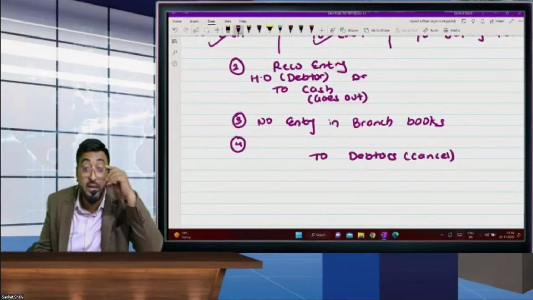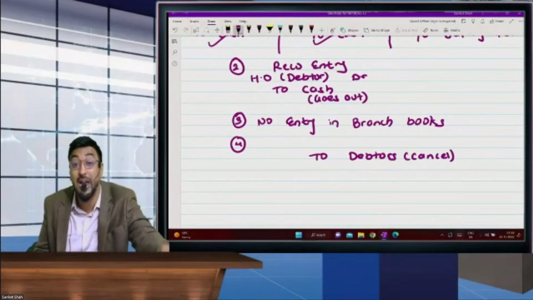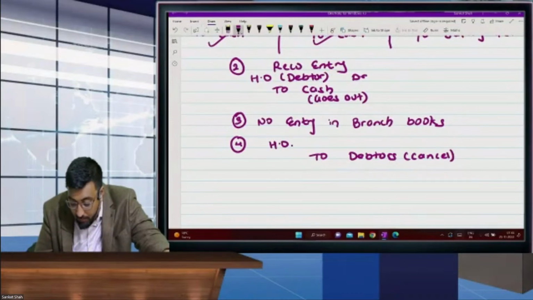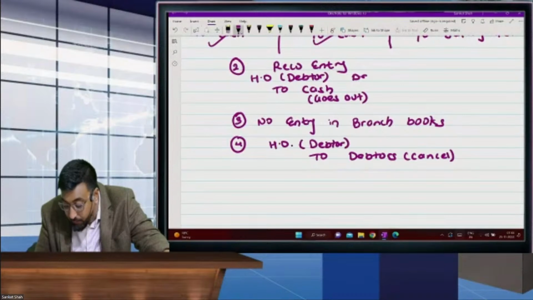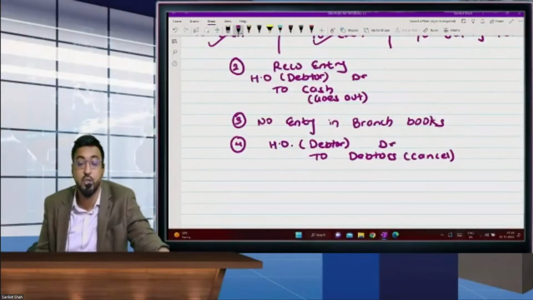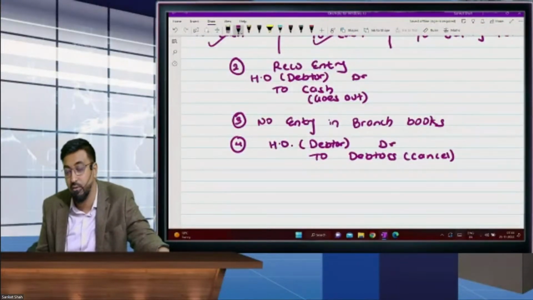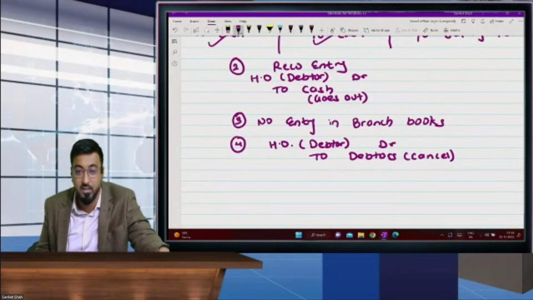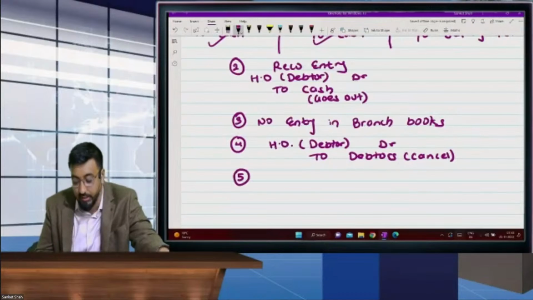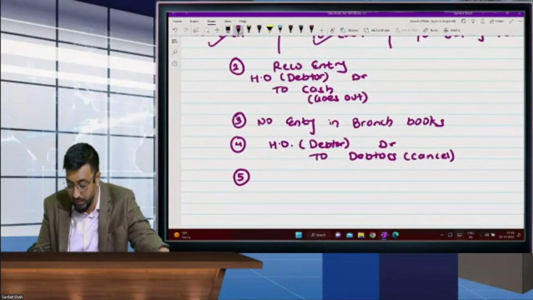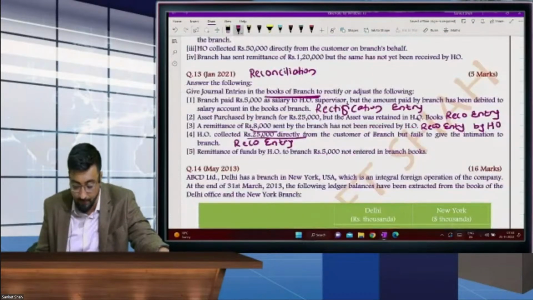So branch will collect it afterwards from HO. So in future, branch will collect from the HO. So now HO is debtor for the branch. Okay. So HO को डेबिट देंगे and debtors को कैंसल करेंगे. ब्रांच के बुक्स में debtors को कैंसल करेंगे और बाद में पैसा HO से ले लेंगे. So HO is a debtor.